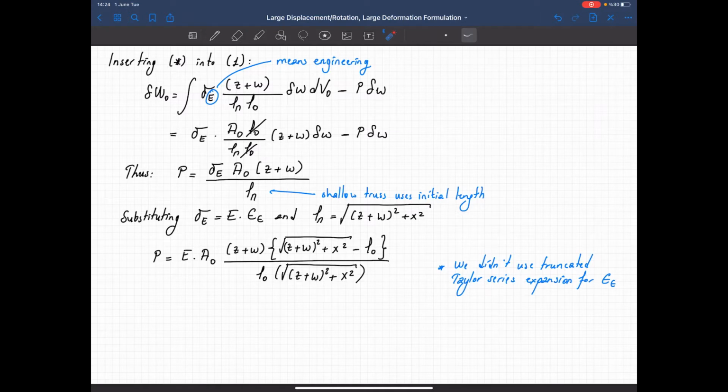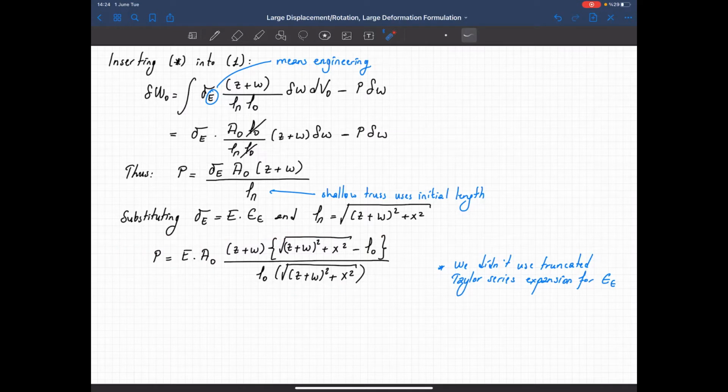So if you take a look at the differences between the shallow truss formulation and this one, remember that we were saying that the rotation is small, so we say that Ln could be equal to L0, so the difference is not that much, and again we ignore the higher order terms in the engineering strain definition. Now here we didn't do that, and we end up with a load deformation curve like this.